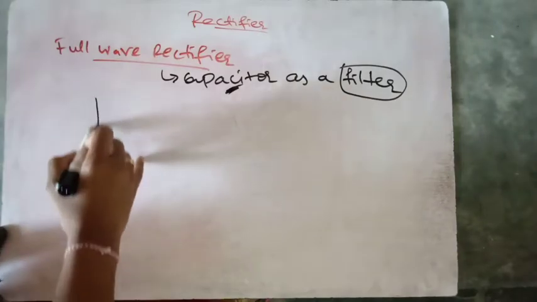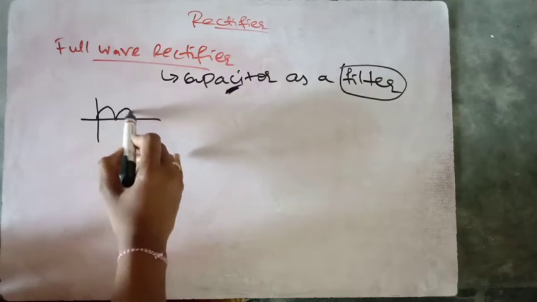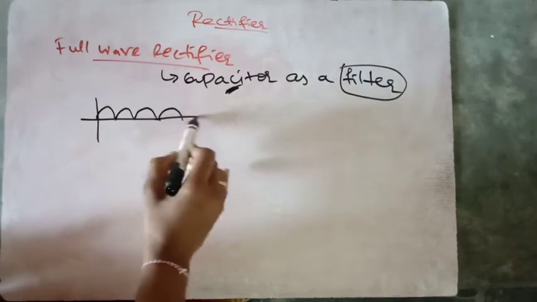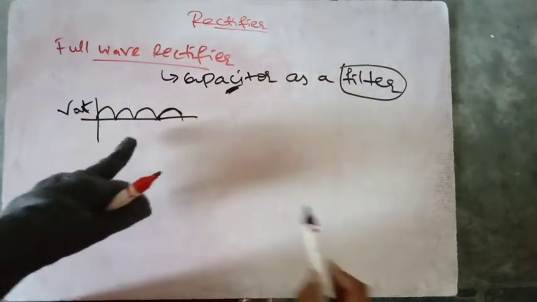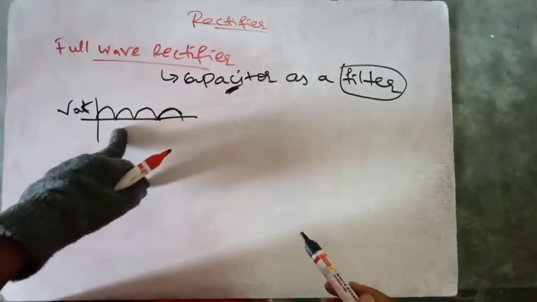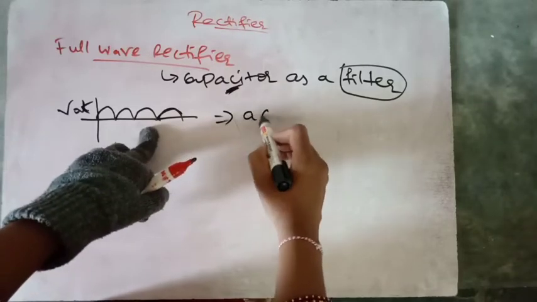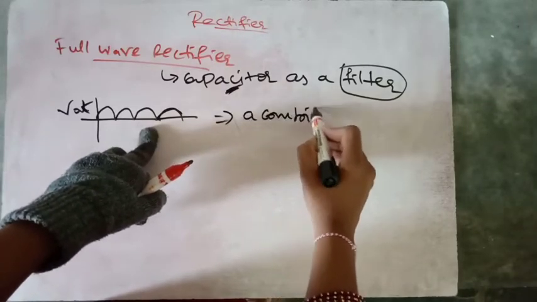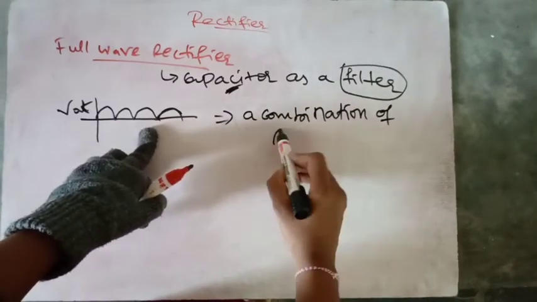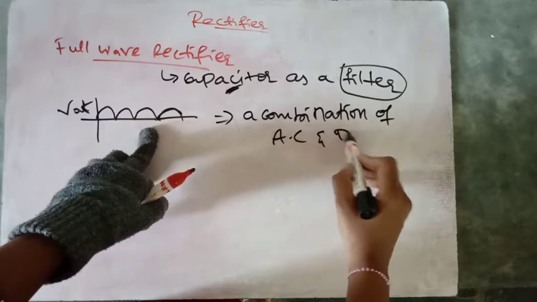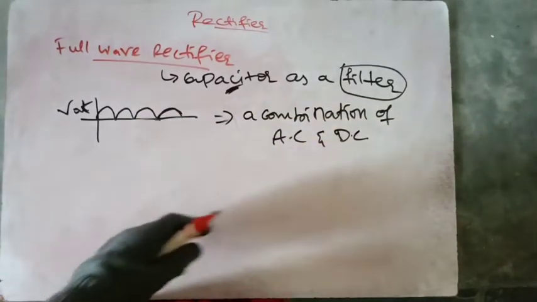I will explain here. The output for the full wave rectifier is in this way. The output voltage will be in this way, right? So here the output is a combination of AC and DC voltage.